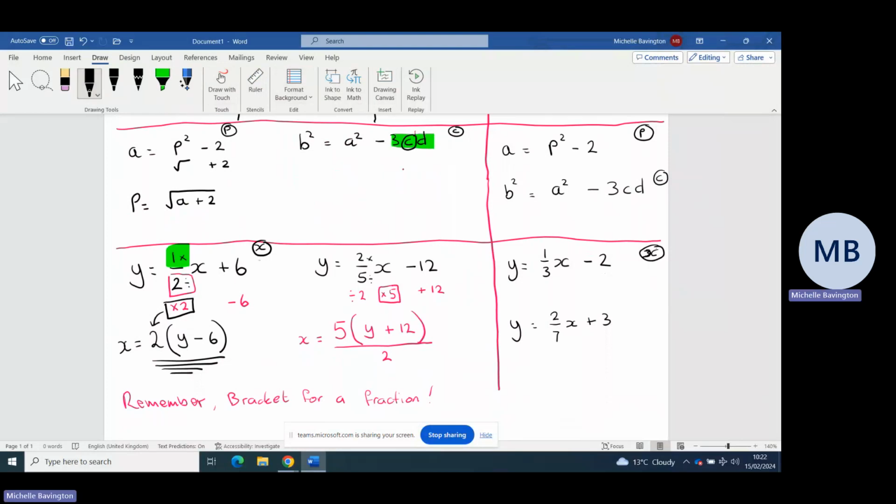I'm not worried about that because I've got to keep the 3 and the d together, which means times. So the opposite of that is divide by 3d. And the opposite of that is root.